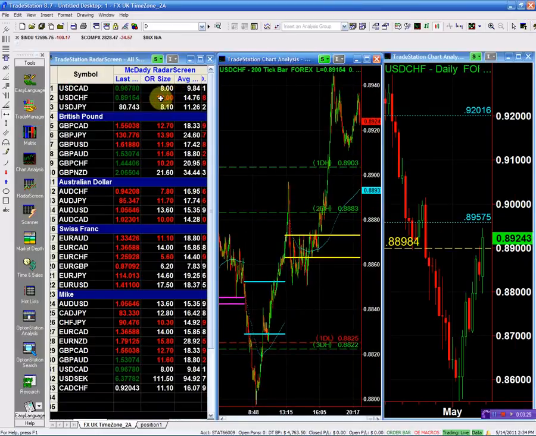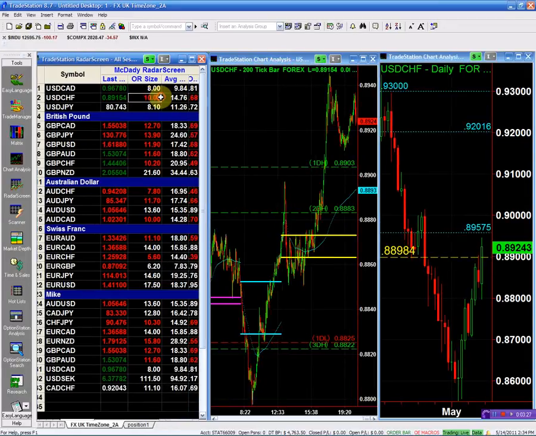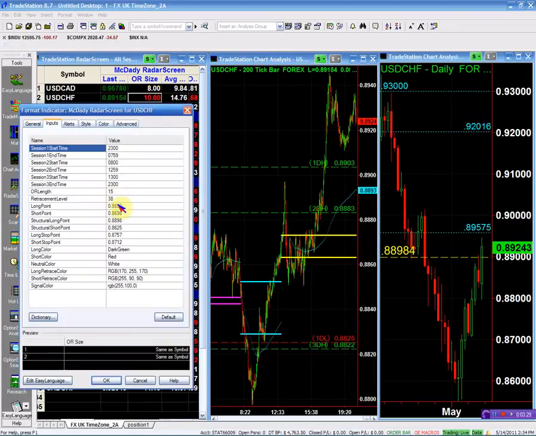So now we have a very easy setup in the Swiss. Let me do the selling point because the selling is much easier. So my short is going to be 88.98. That is my selling point, and it is also a structure point. It was the long structure on the way up, so now it's going to be the short structure on the way down.